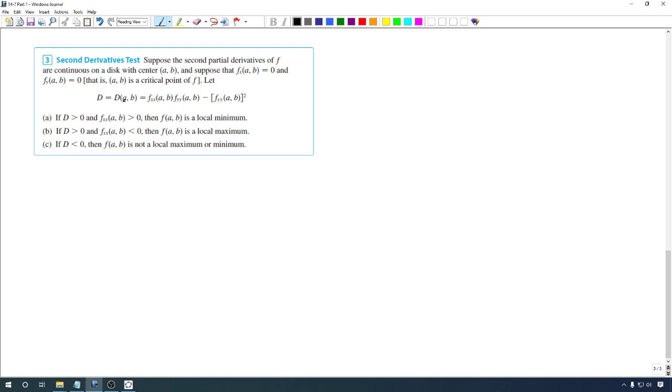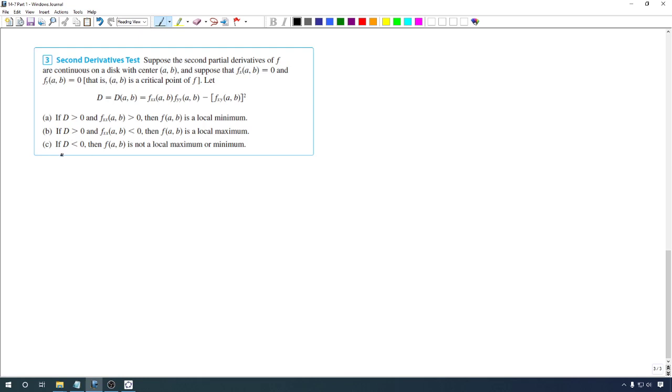Basically, if D is greater than 0 at (a, b), then we have either a minimum or a maximum, depending on whether f_xx is positive or negative. If it's positive, then we have a local minimum. If it's negative, we have a local maximum.